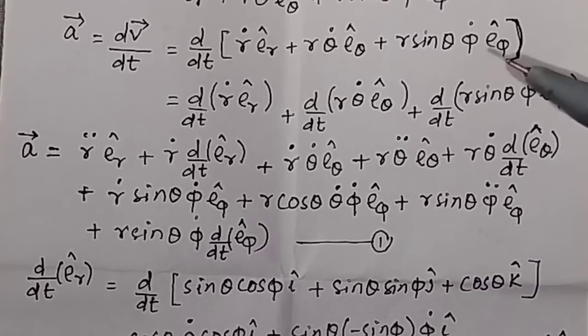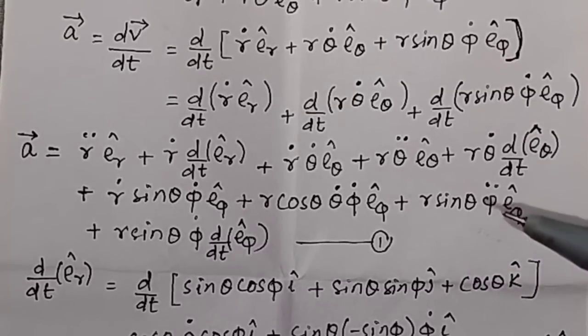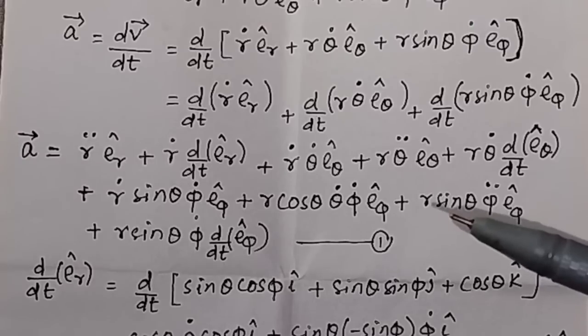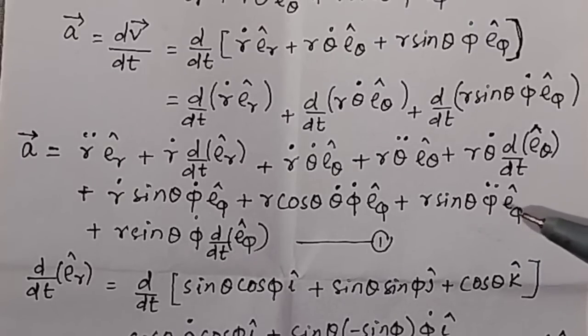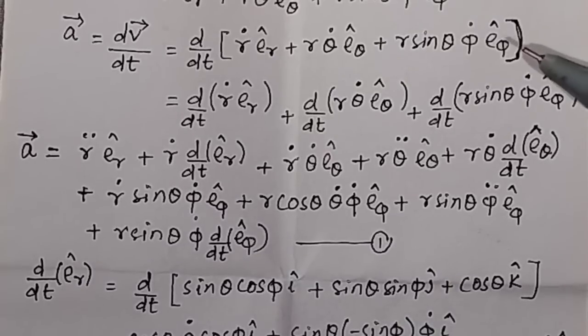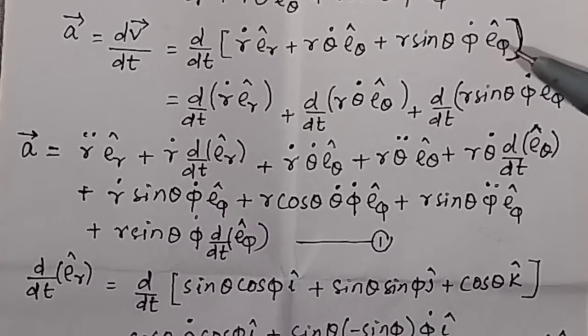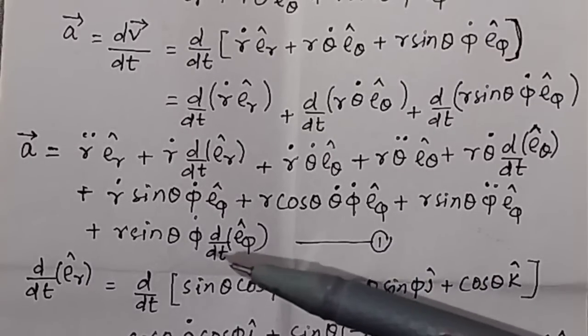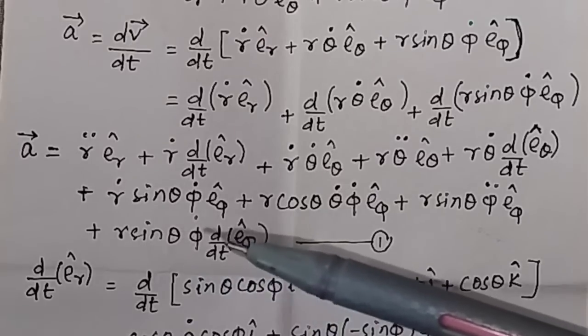Then you take the derivative of phi dot, so it will be phi double dot, keeping r sin theta and e_phi cap constant. And the fourth one is to take the derivative of e_phi cap, keeping r sin theta phi dot constant.